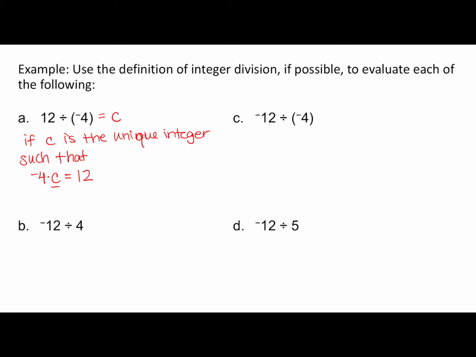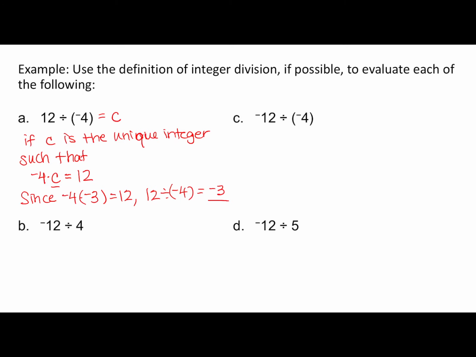Well, can I think of an integer that I can multiply by negative 4 to get 12? Sure. Since negative 4 times negative 3 equals 12, we get to conclude that 12 divided by negative 4 is negative 3.